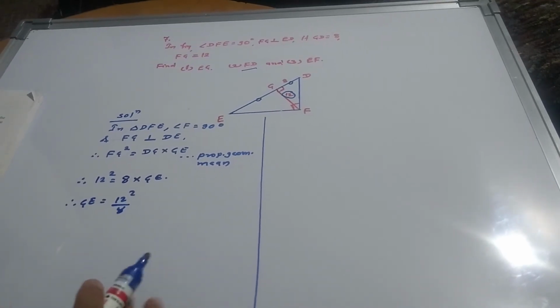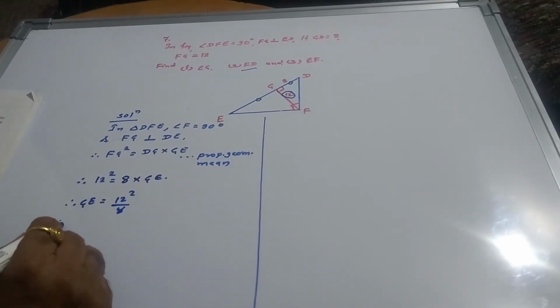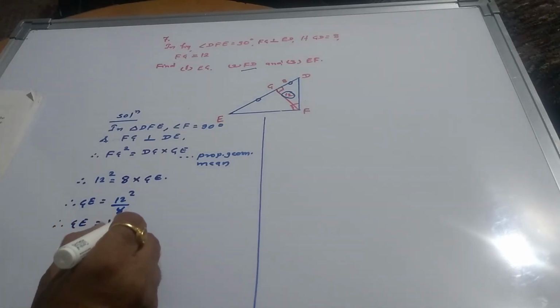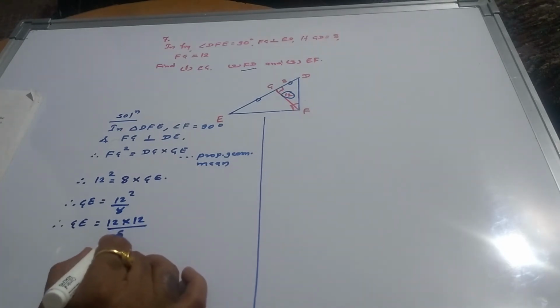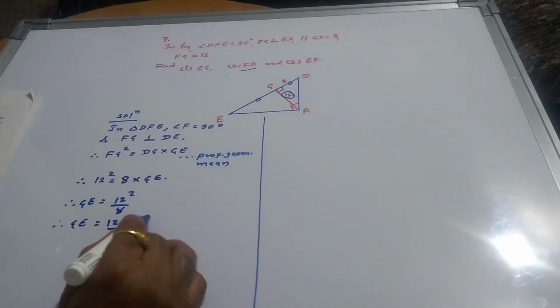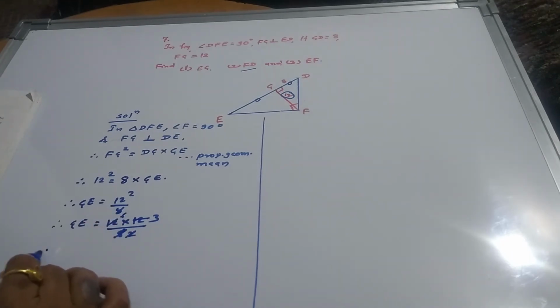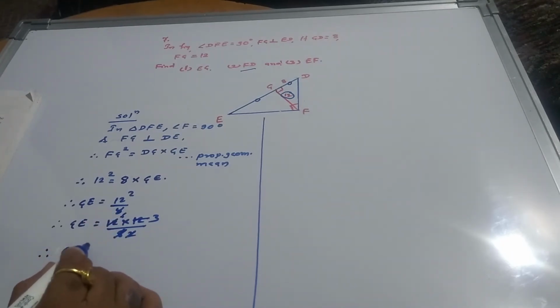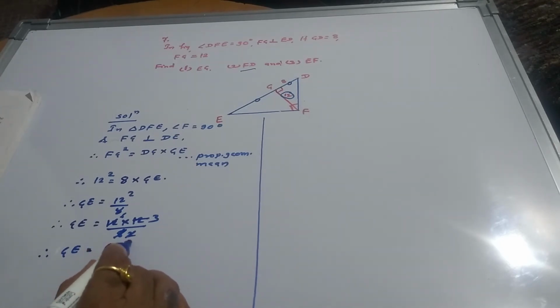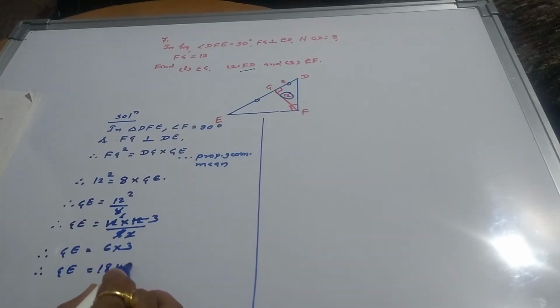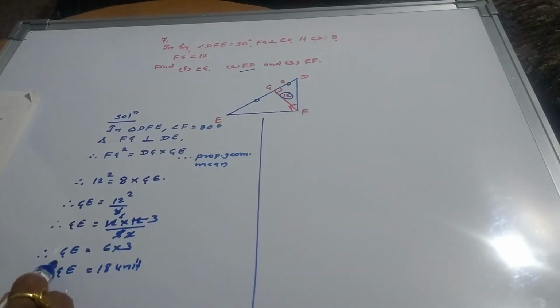GE is equal to 12 into 12 upon 8. 4 2s are 8, 4 3s are 12, and 2 6s are 12. So GE is equal to 6 into 3. Therefore GE is equal to 18 unit. This is first.